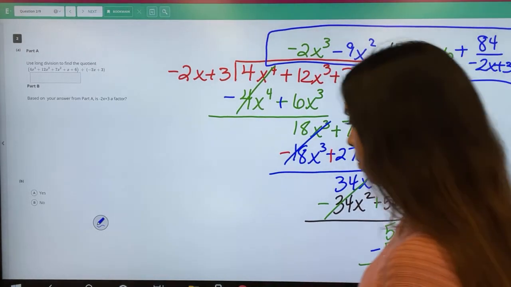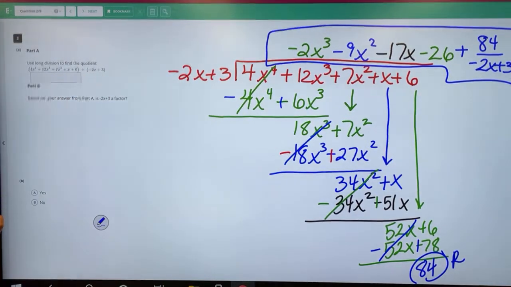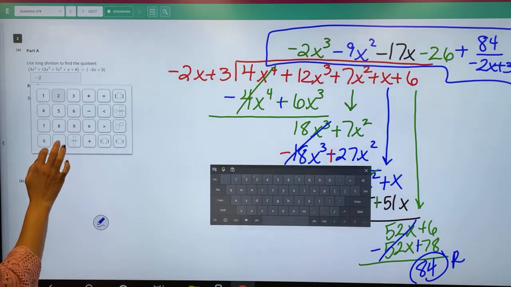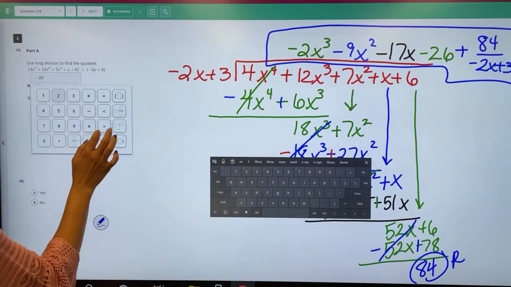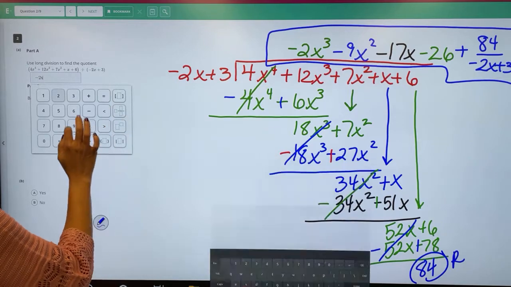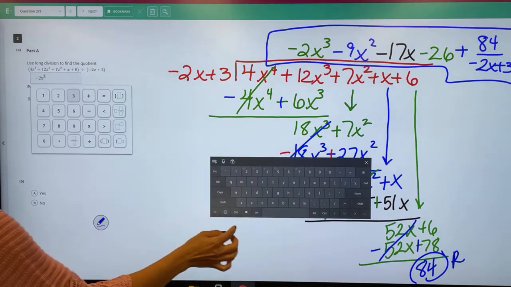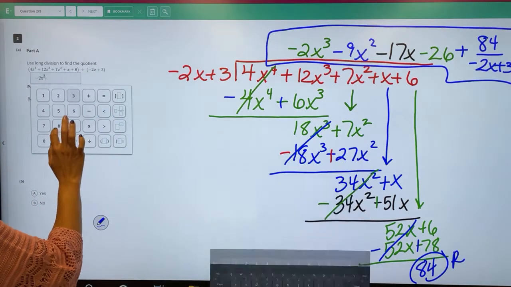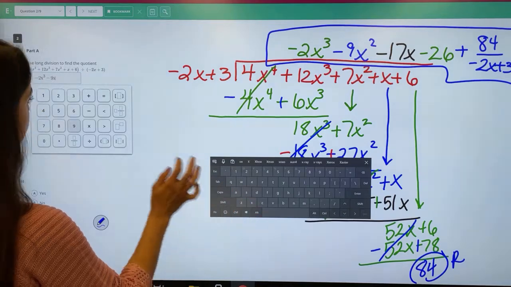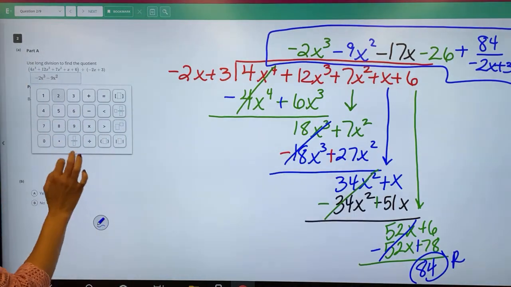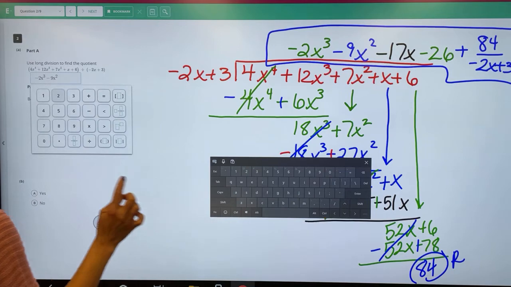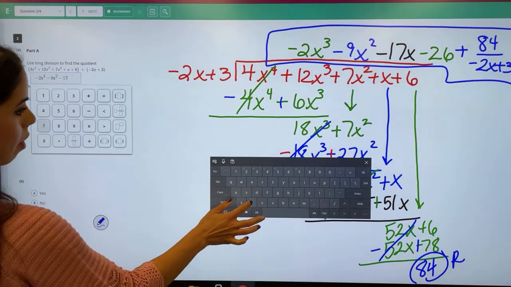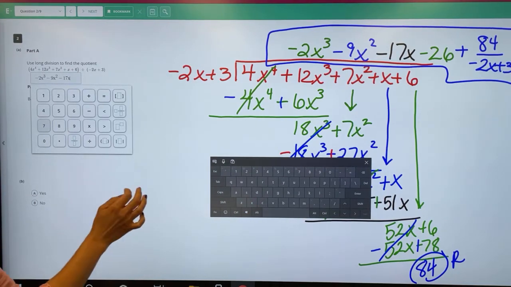So typing in on the smartboard is what gets a little tricky. So I need negative 2x, and I gotta raise it to the third power, and then I have to arrow down, and then I need a negative 9x squared, negative 9x, raise it squared, arrow down, and then I need a negative 17x, and then a minus 26.